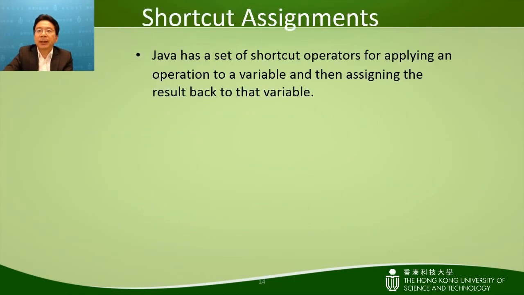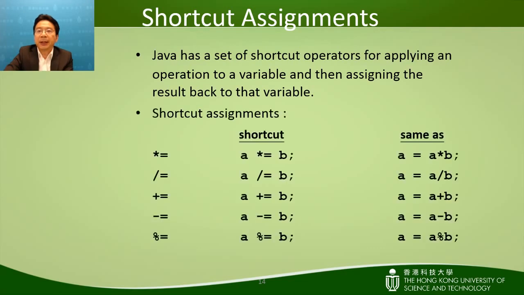In addition to the increment and decrement operators, Java also provides a set of shortcut assignment operators. These shortcut operators apply the corresponding arithmetic operations to the variable and then assign the result back to the variable. So here are the 5 shortcut operators. It starts with an arithmetic operator followed by the equal sign.